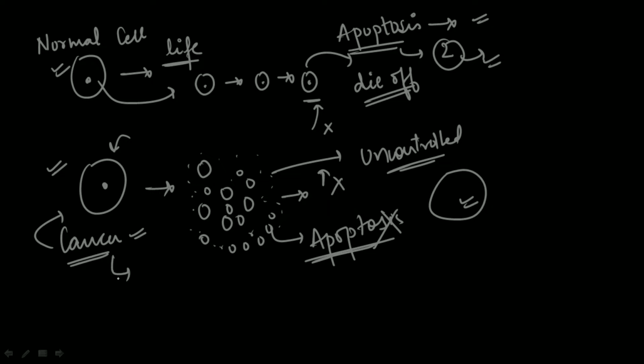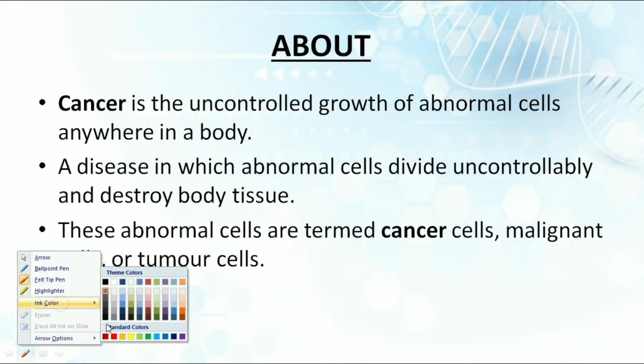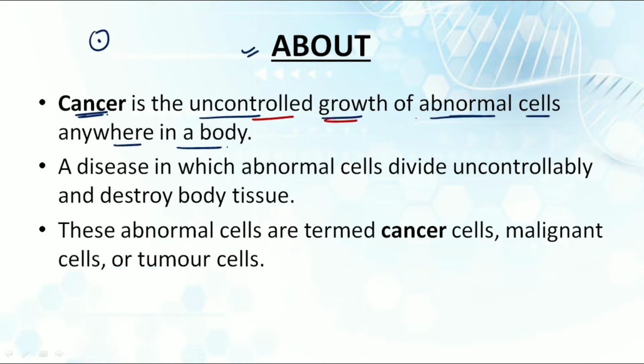This cancer could occur in any part of the body depending upon the origin of that particular cell, or depending upon in which part of the body which cell has converted into a cancerous cell. So in very simple language, a simple definition of cancer would be that cancer is the uncontrolled growth of abnormal cells anywhere in the body.